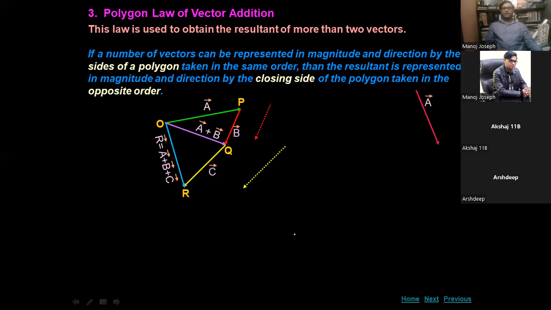Vector A is here and vector B is connected with vector A in head to tail relation. Vector C is moving in a different direction, vector D is also moving in a different direction, and vector E is also moving in a different direction. So what we notice here is that all the vectors are moving in different directions. No vectors are parallel here, but the vectors are connected in head to tail relation.